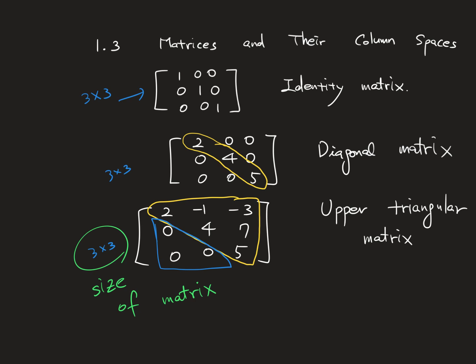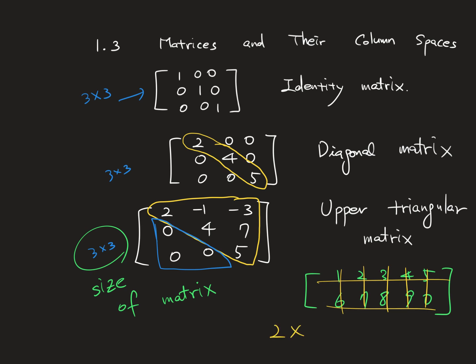For example, if you write this matrix like 1, 2, 3, 4, 5, 6, 7, 8, 9, 0, what is the size of this matrix? You can see that there are 2 rows and 5 columns. So the size of this matrix is 2 by 5.